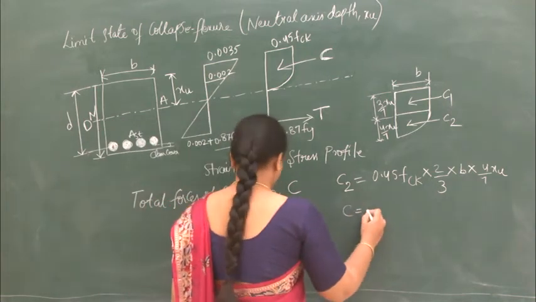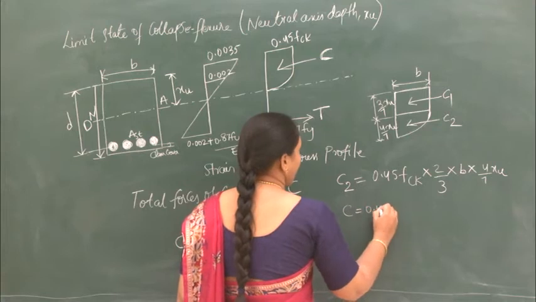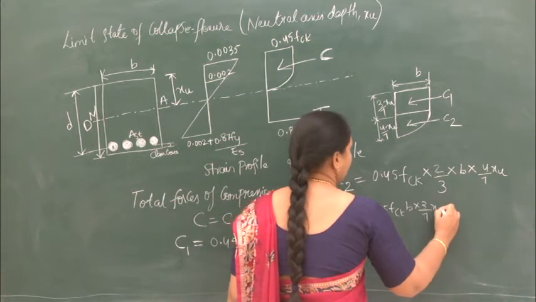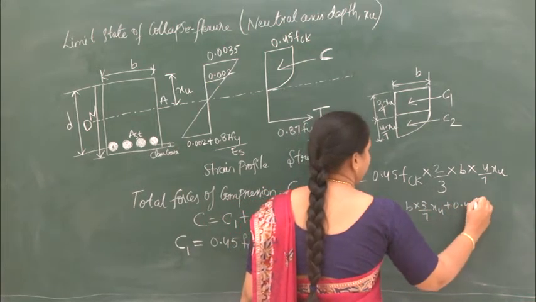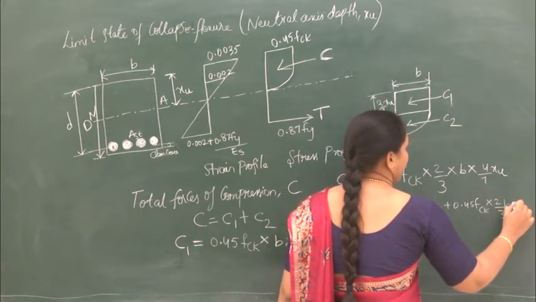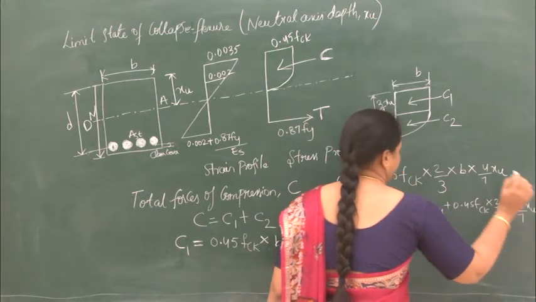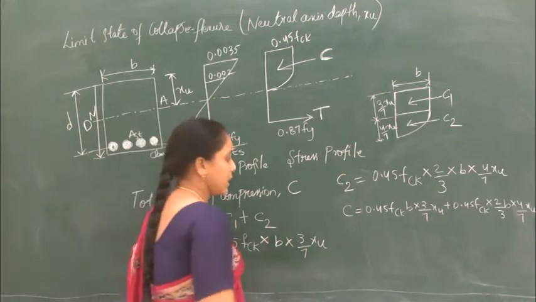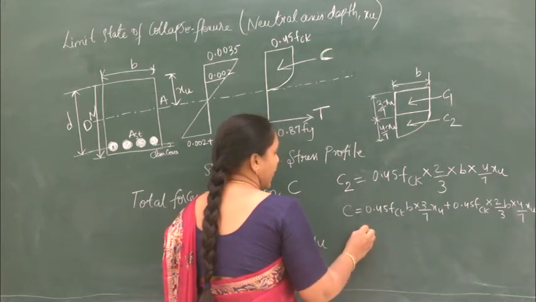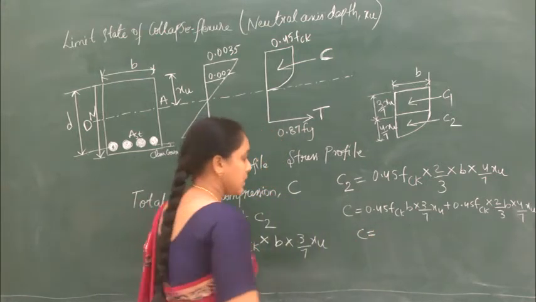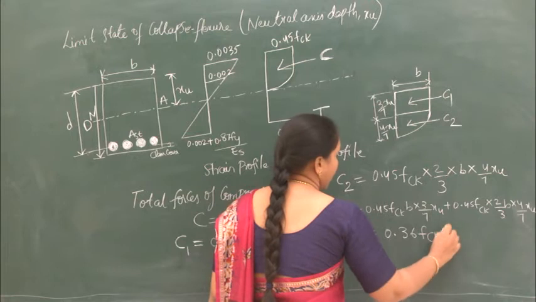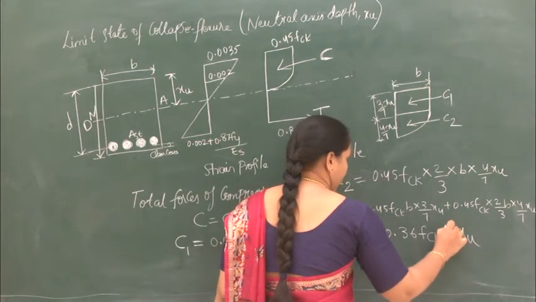So C is equal to 0.45 fck B into 3/7 xu plus 0.45 fck 2/3 B into 4/7 xu. If you solve this equation, you will get the total compressive force C as 0.36 fck B into xu.